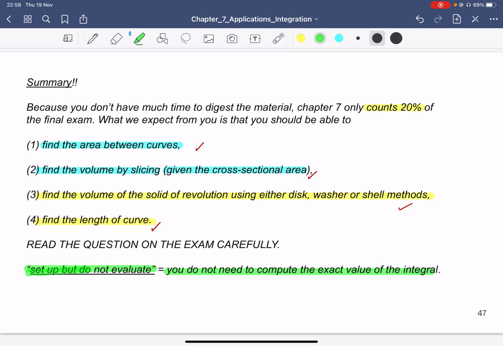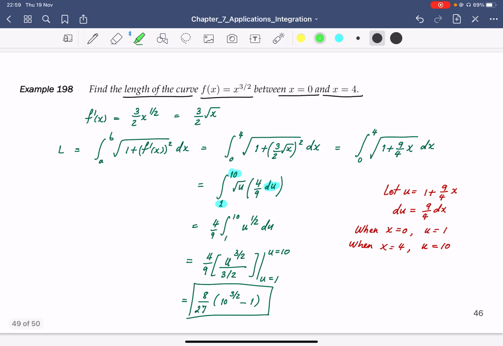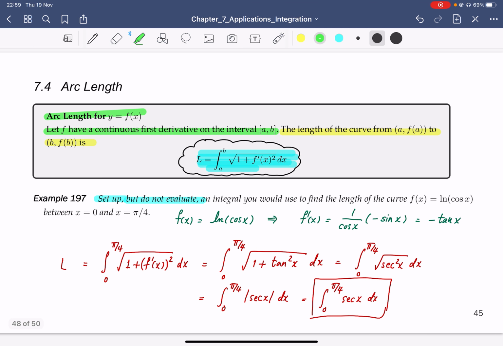But if the question asks you to compute, you have to answer with the exact value. For example, for arc length, we always ask you to compute, like in this question, because this is find the length of the curve. If we want you to just set up, we will say set up but do not evaluate.